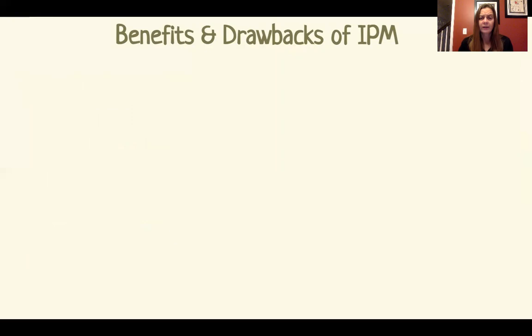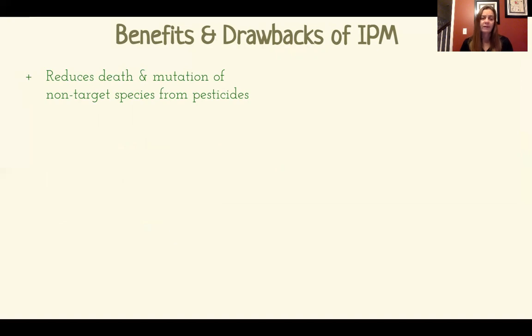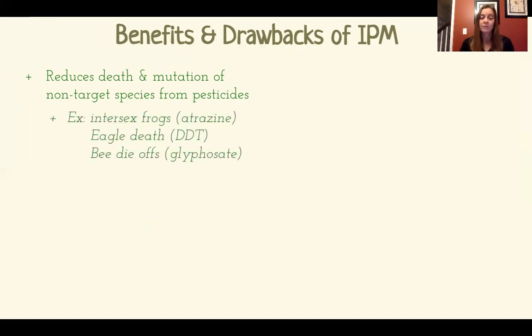So let's talk quickly about the benefits and the drawbacks of integrated pest management. So benefits, one huge benefit is that by reducing the amount of pesticides used, it's going to reduce the death and mutation of non-target species. So by not using atrazine, we're preventing that intersex issue in amphibians, eagle death from DDT, the bee die-offs that are caused by Roundup.